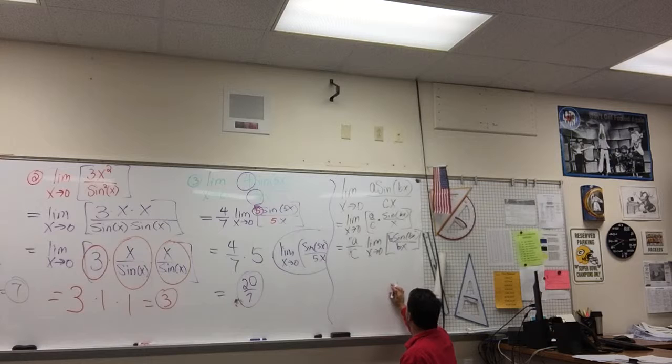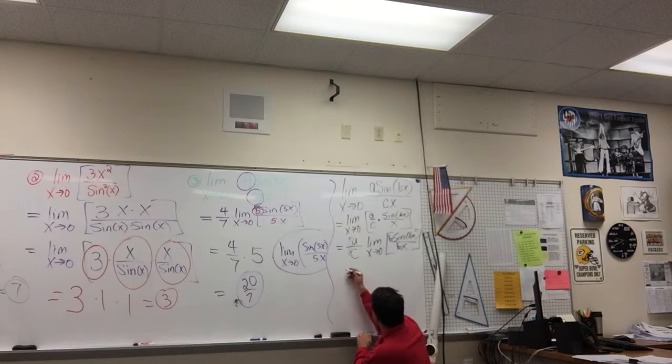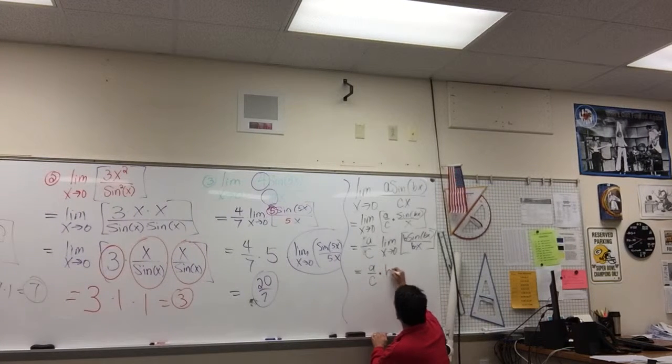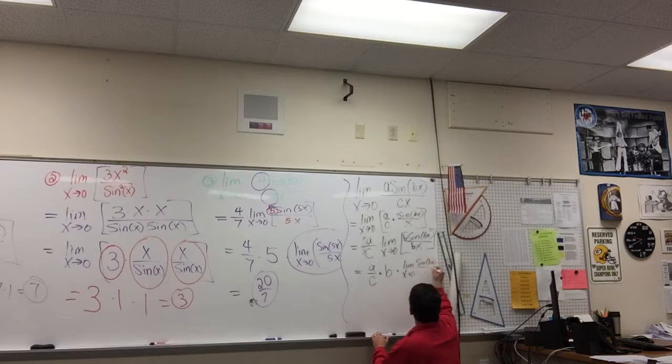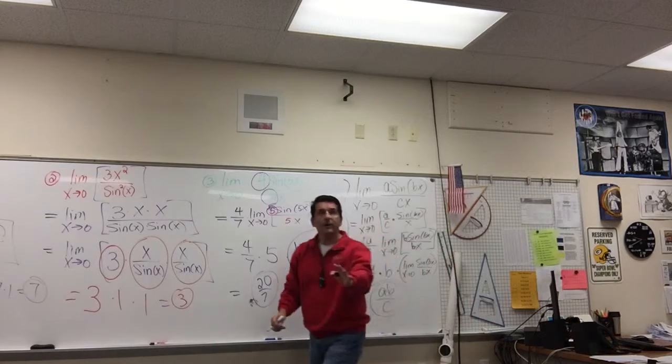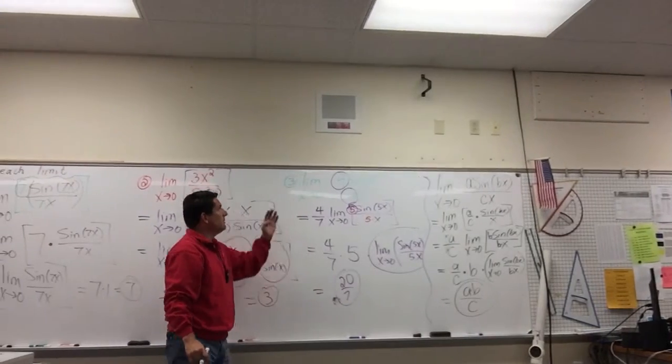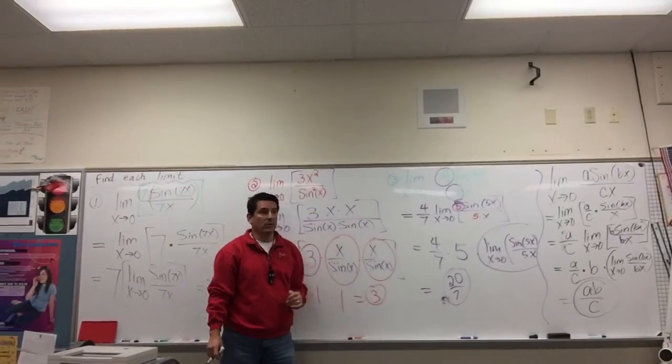That compensates for it. Which means my final answer is going to be a over c times b times the limit as x approaches 0 of the sine of bx over bx, which we know is 1. So the answer here, ab over c, is always going to be the answer if it looks like that.